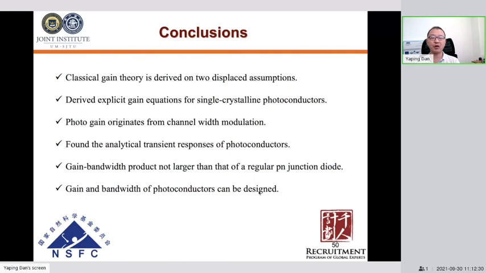The gain bandwidth product is not larger than that of a regular PIN photodiode. But the gain and the bandwidth of this phototransistor can be designed by changing the doping, surface charge, surface depletion region, doping concentration, and nanowire width. So we can design highly sensitive nanowire phototransistors for low frequency applications.